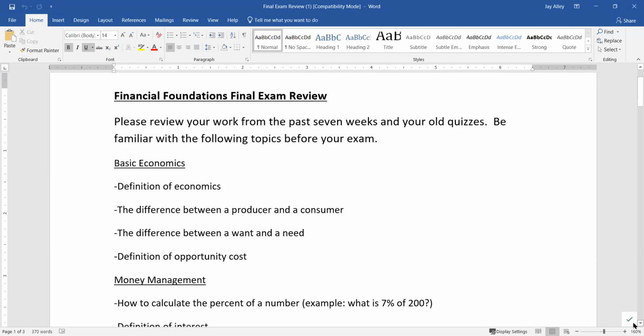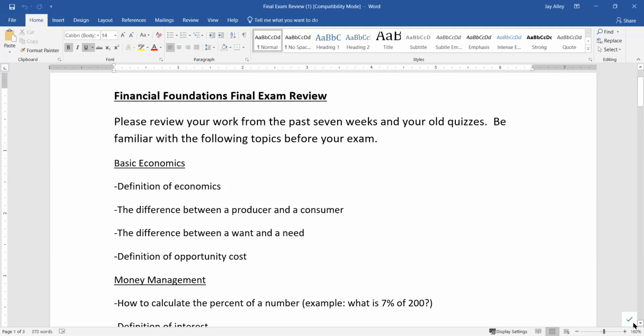Can you define opportunity cost? If you haven't looked at this review sheet yet, and if you were expecting all the answers to be on this review sheet, I'm sorry to disappoint you, because that's not a proper way to do a review for this kind of course.